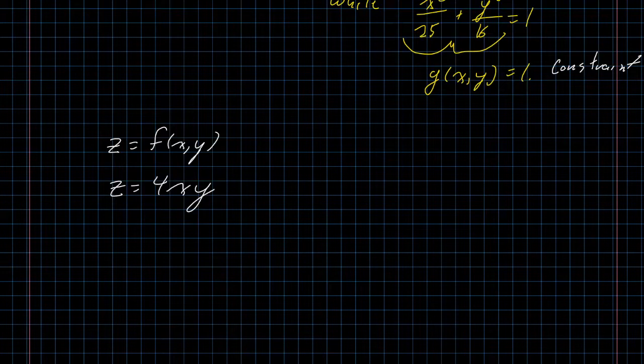Instead, I want to think a little bit about how we can analyze the graph using other tools. Specifically, we can think about this graph by plotting out its level curves, 4xy equals k, for k equals 0, 1, 2, 3, and so on.